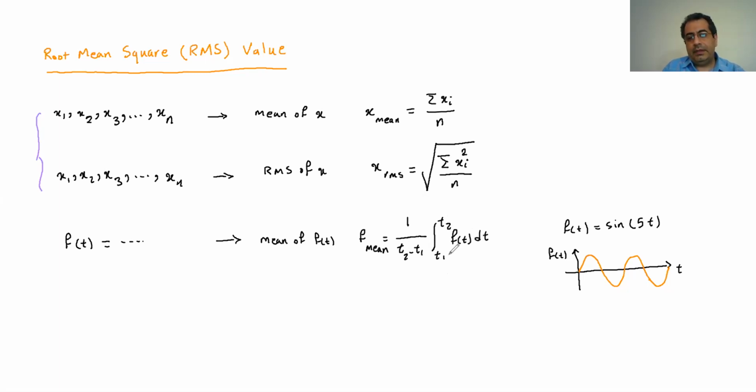This is how we calculate the mean of the function. If f(t) is the sine, we just replace that in this equation and do the calculation, and we can find the mean of the function from t1 to t2.